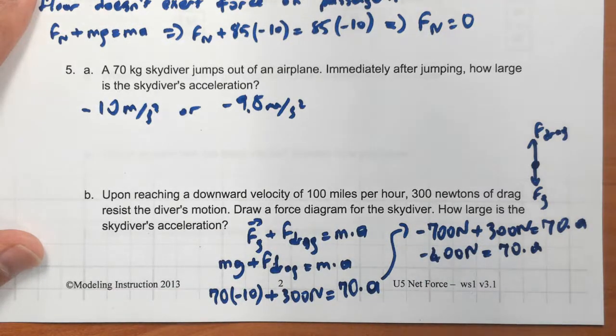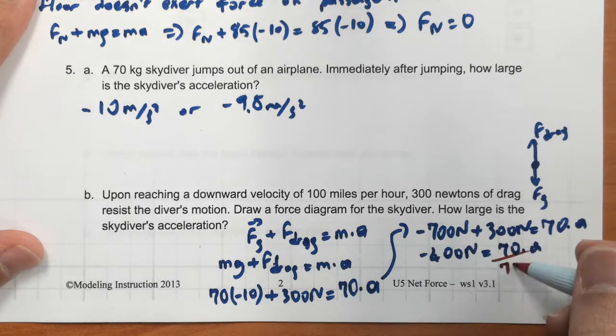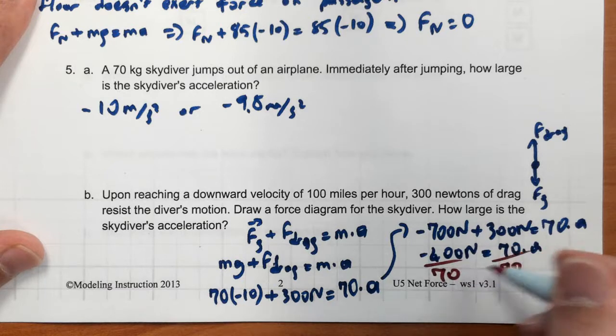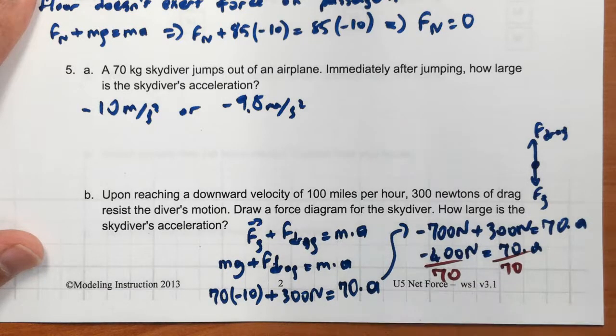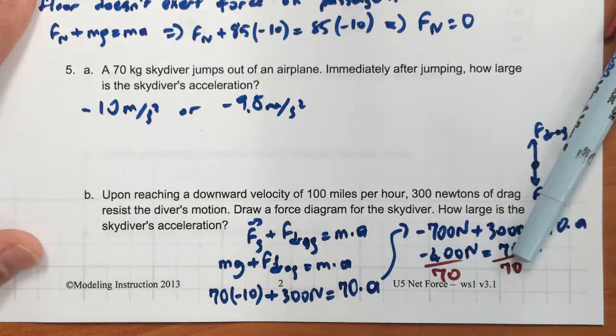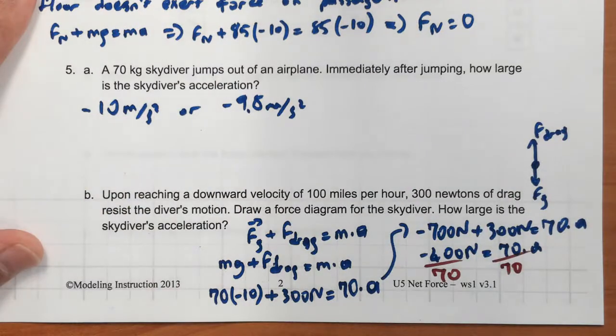Let's divide both sides by 70. There's a negative here, let's not forget that. 400 divided by 70 will be 5.7.